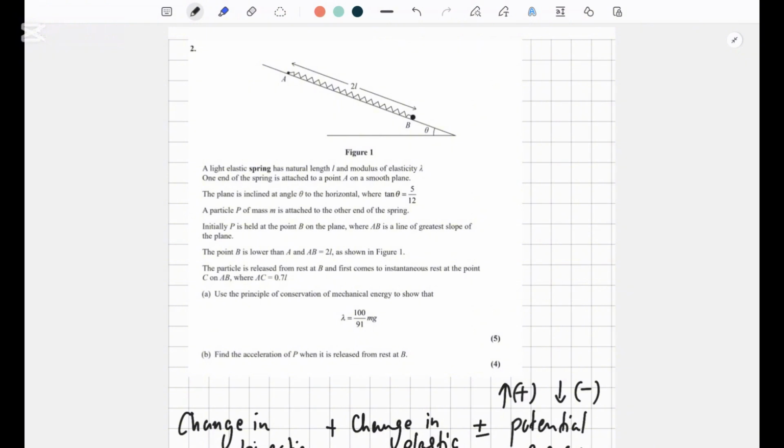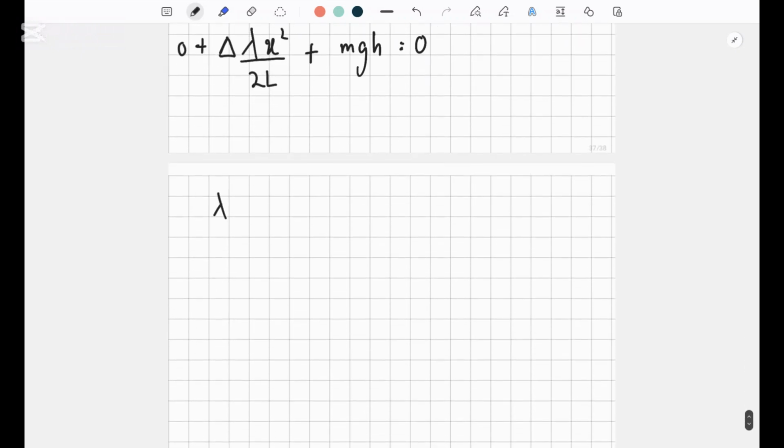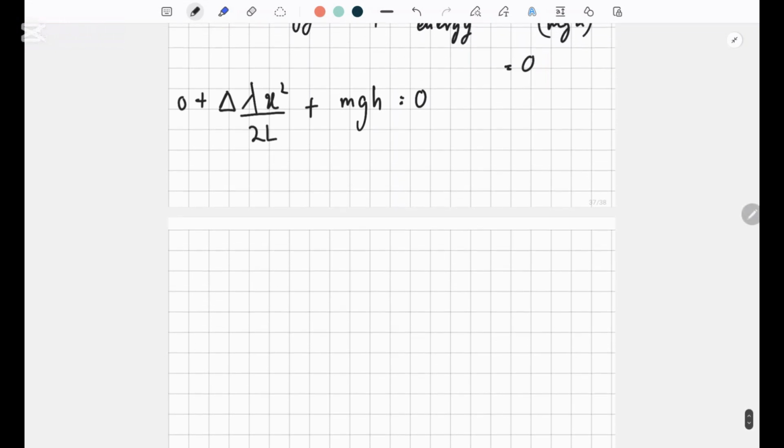And it comes to instantaneous rest at the point C on AB, where AC is 0.7L. Okay, I didn't see this in the question. They say it's a spring, a light elastic spring. In the case of a spring, springs have extension and compression both.